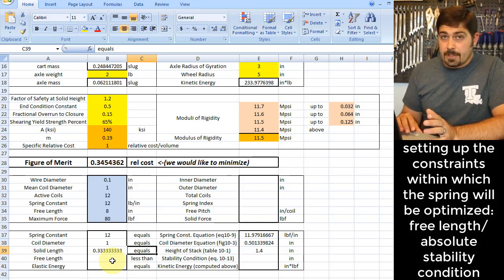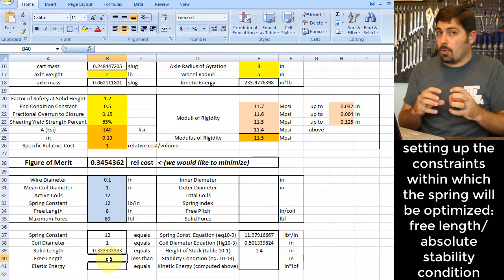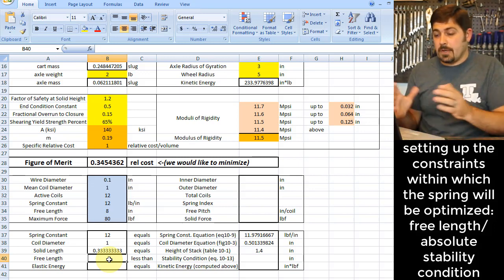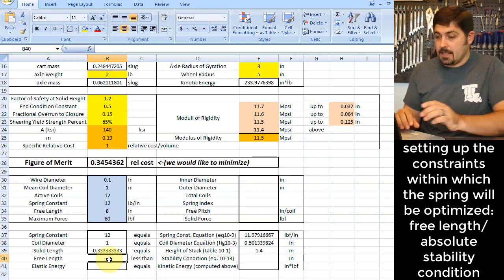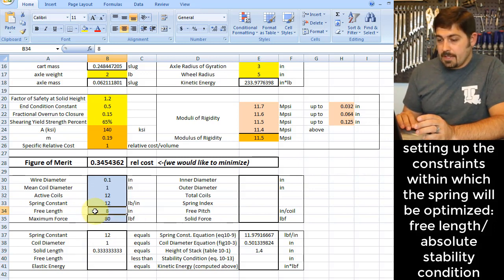The other way that free length is involved is we need for this spring to be stable. You might remember it's not in a hole, it's not wound around a rod, and we need it to be stable against it buckling. And it gives a way to find that in here. So basically what we're going to do is set this cell equal to the free length.